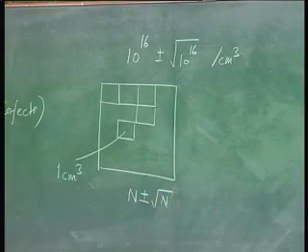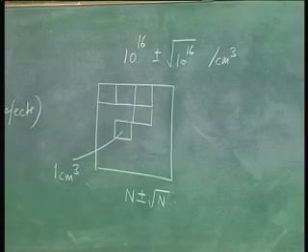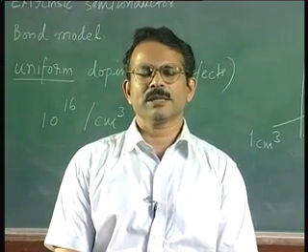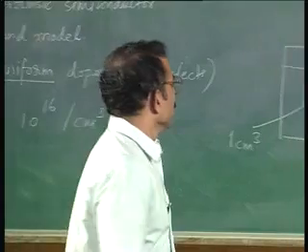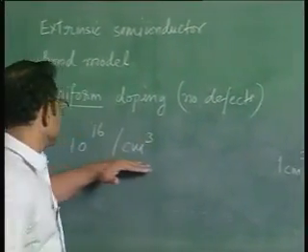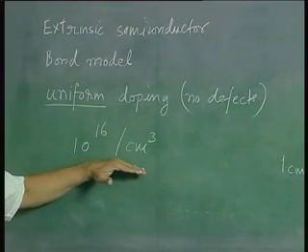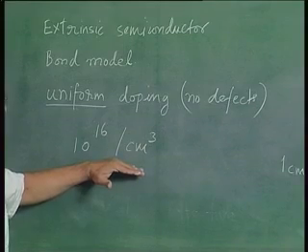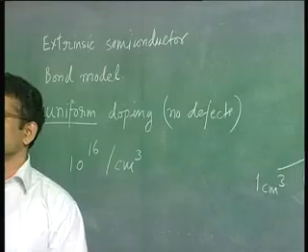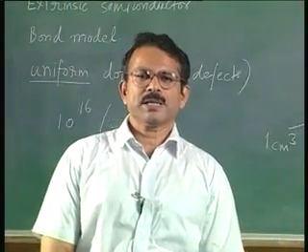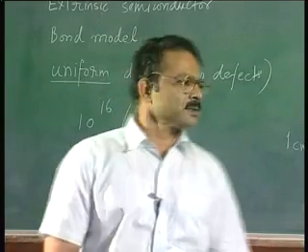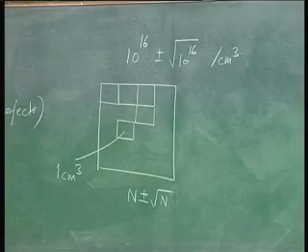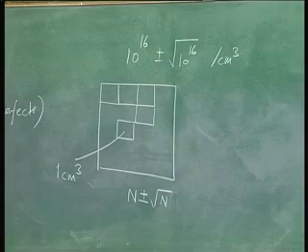Okay. The next assumption that we will make in deriving our models is that the concentration of impurity atoms, 10 power 16 per centimeter cube being an example here, will be much less than the concentration of silicon atoms. This is called the dilution approximation.